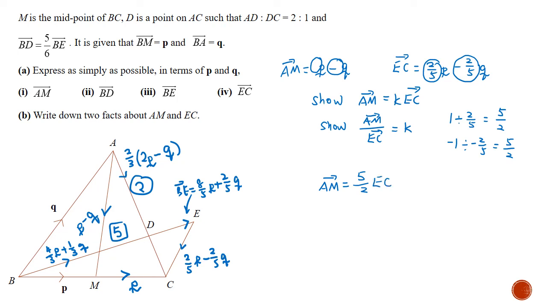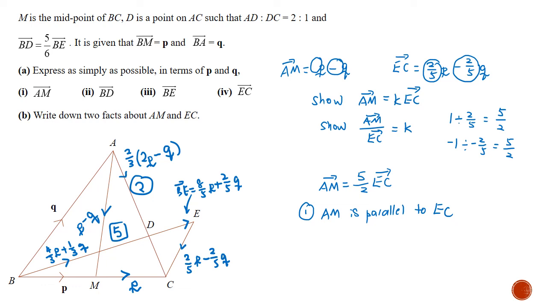And what does this tell us? Yes, first it tells us that AM is parallel to EC. Since vector AM and vector EC do not have any common letters, we know that they cannot be collinear.